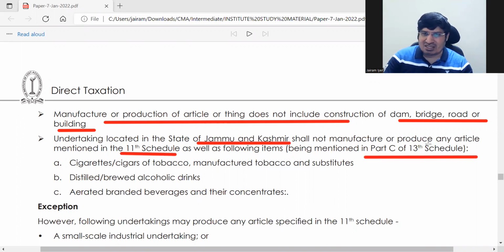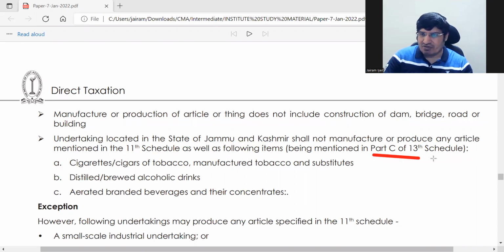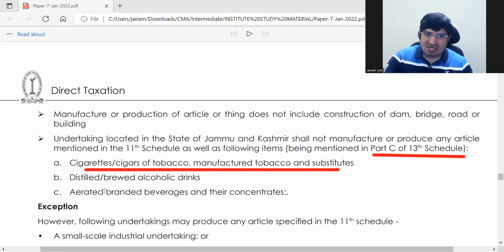What is there in part C of the 13th schedule? You have items like cigarettes, etc., alcoholic drinks, aerated beverages, and concentrates like Pepsi and all.